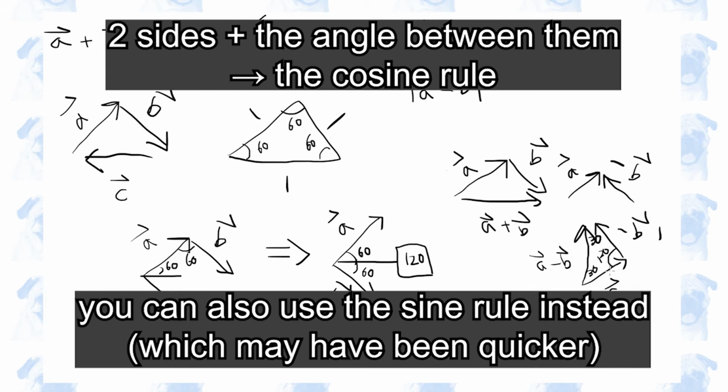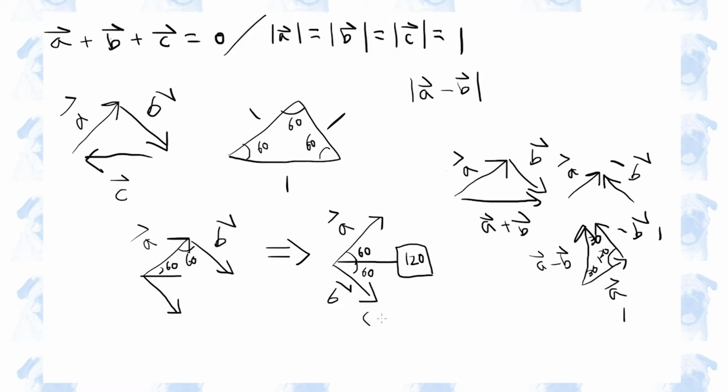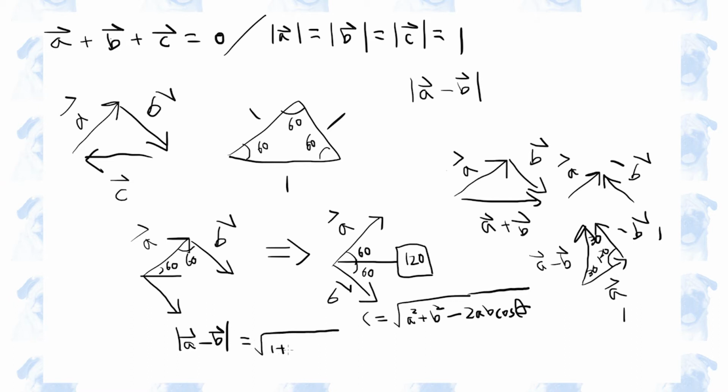Since we know the lengths of two sides and the angle between them, we can use the cosine rule to figure out the magnitude of vector A minus vector B. So cosine rule states that length C is root A squared plus B squared minus 2AB cosine theta, where theta is the angle between A and B. The magnitude of vector A minus vector B is root 1 plus 1 minus 2 times 1 times 1 times cosine 120 degrees, which is minus 1/2.